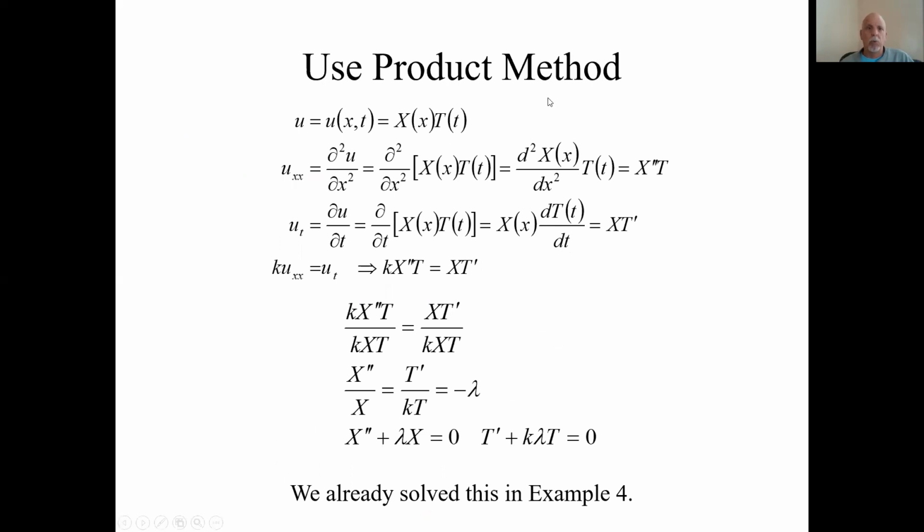So let's start using our product method, where we say u is a product of two functions, each of one variable independently. Here I go through a more painful description of what it means.